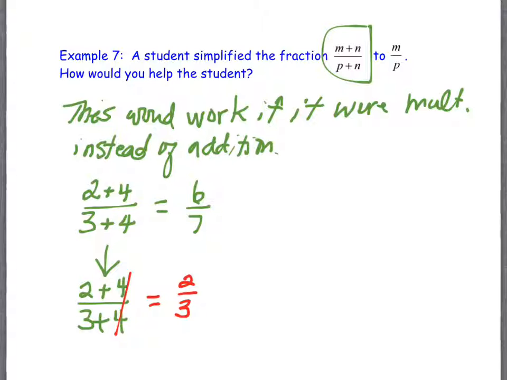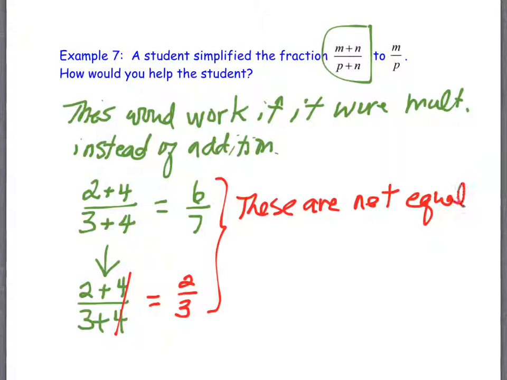They don't match. That's the key. And not only do they not match, but you can't change one into the other. There's no way to reduce one to get the other, or to multiply one and actually achieve the other result. So these are not equal fractions.